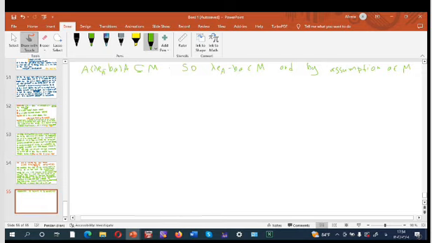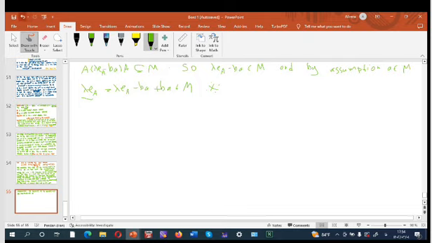Okay, and this shows that BA must belong to M, because M is an ideal. EA minus BA plus BA must belong to M, and this is a contradiction because this is an invertible element.